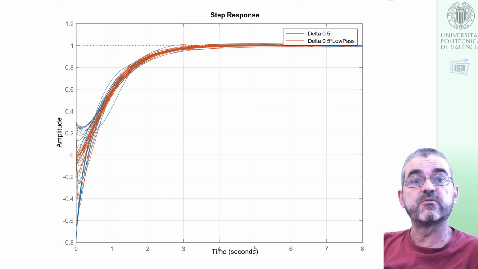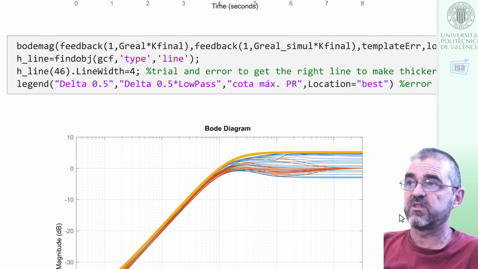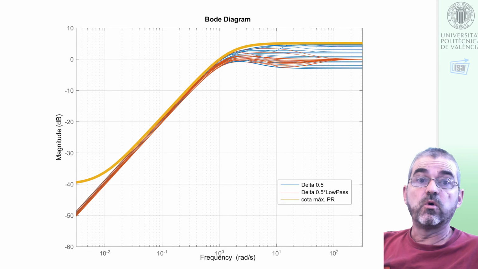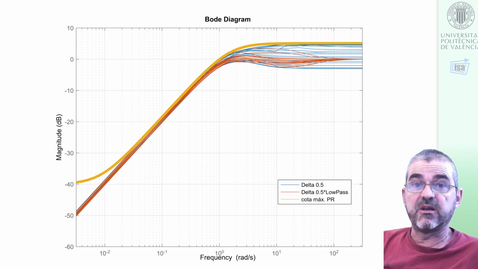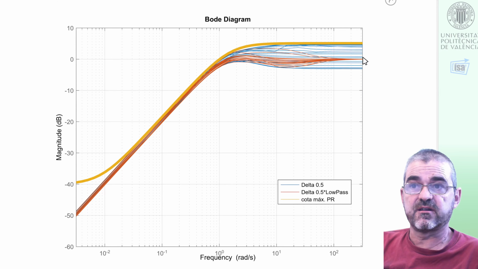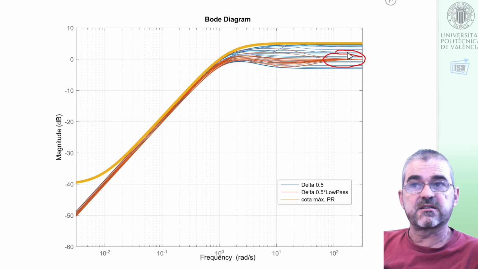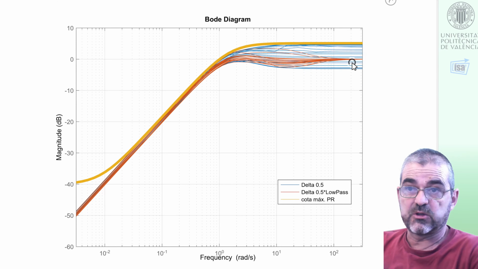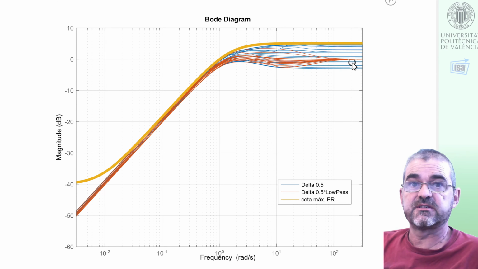If we see it in the frequency domain with this BOTMAC stuff, all blue plants are below the template, the thick line, and of course if I trim the high frequency uncertainty, then I get less strange things at very high frequency in the red plots, but okay, a guaranteed robust performance.